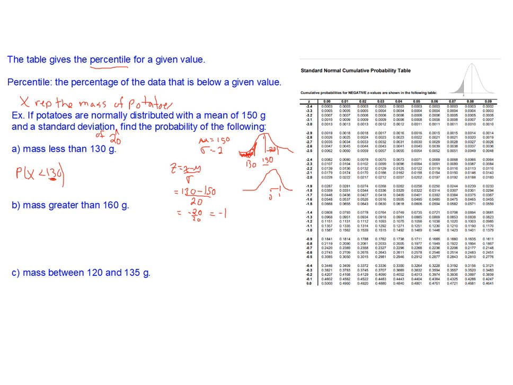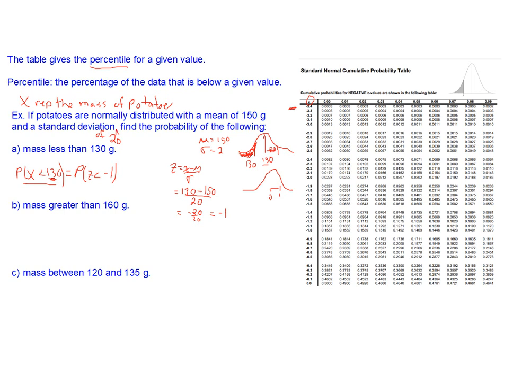So the probability that X is less than 130 is the same as the probability that Z is less than negative 1. Now here's where this table comes in. We want to find the probability that Z is less than negative 1. Here are the z values. You can see in this table, this is only half the table.